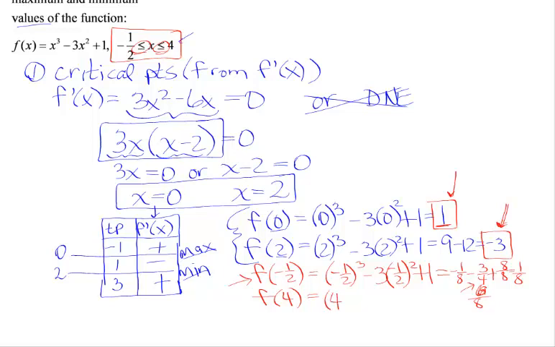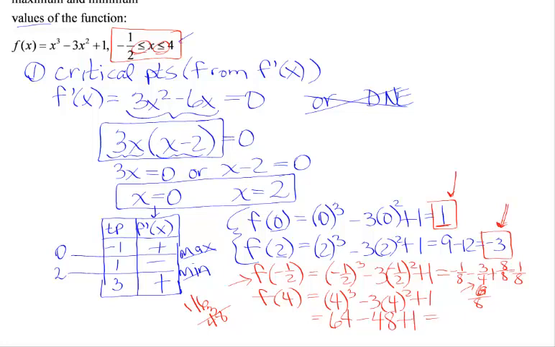Now let's put 4 into this function. Here we're going to get, I believe, 64 minus 3 times 16, which is 48, plus 1.